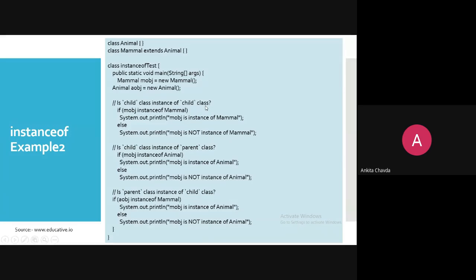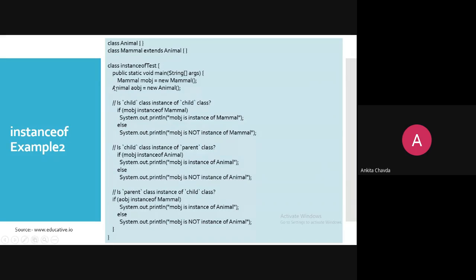That is very obvious. Second thing, here I'm checking whether the child class is an instance of your parent class or not. So that is also true. Here you can check whether the m object is an instance of Animal or not. Have you seen this? I am checking for the Mammal object, but is that part of Animal or not?